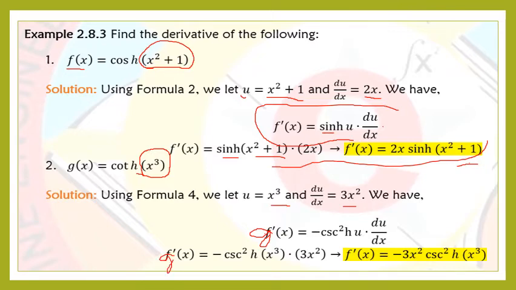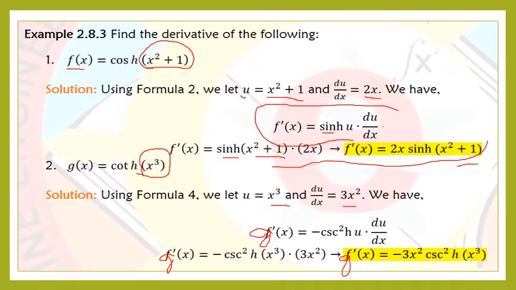Let me just change it in our module. So g prime of x is equal to, this is formula number 4, negative hyperbolic cosecant squared of u times du over dx.